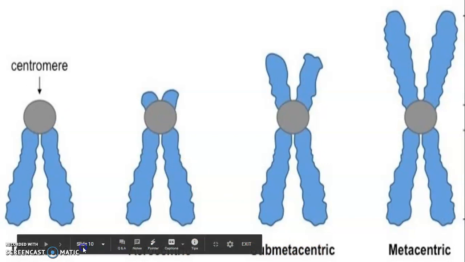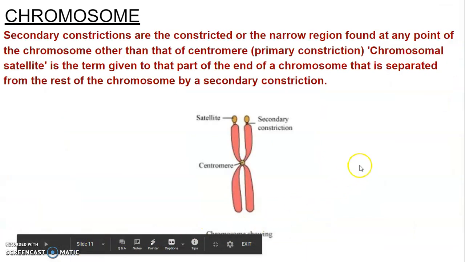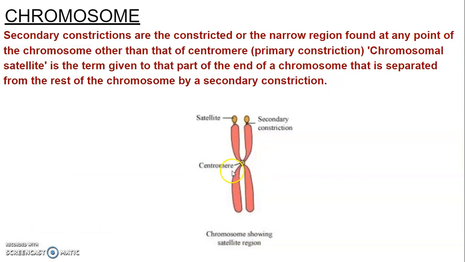Now, here we have learned, children. Just have a look at the picture. We can see this is the centromere or the primary constriction. Other than the primary constriction, if there is any other constricted or narrow region, it is called a secondary constriction.